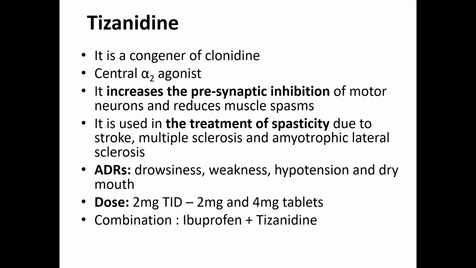It is used in the treatment of spasticity due to stroke, multiple sclerosis, and amyotrophic lateral sclerosis. The adverse effects of tizanidine are drowsiness, weakness, hypotension, and dry mouth. It is available as 2 milligram and 4 milligram tablets. The dose is 2 milligram tablet TID. And it is also available in combination with ibuprofen.